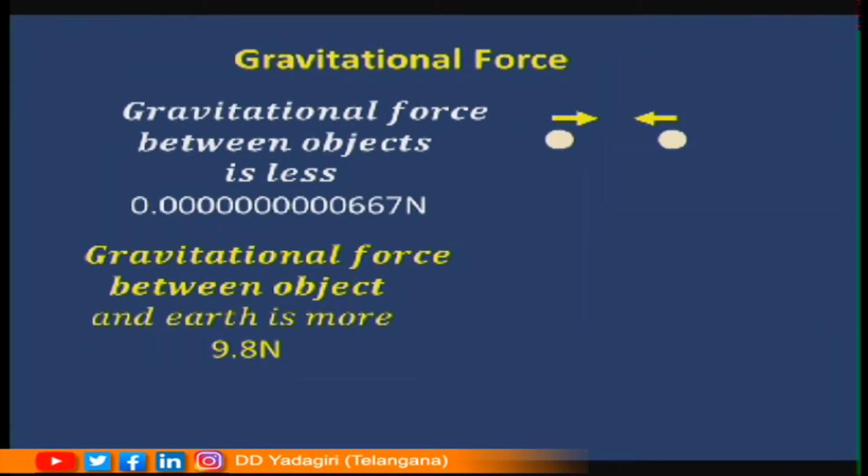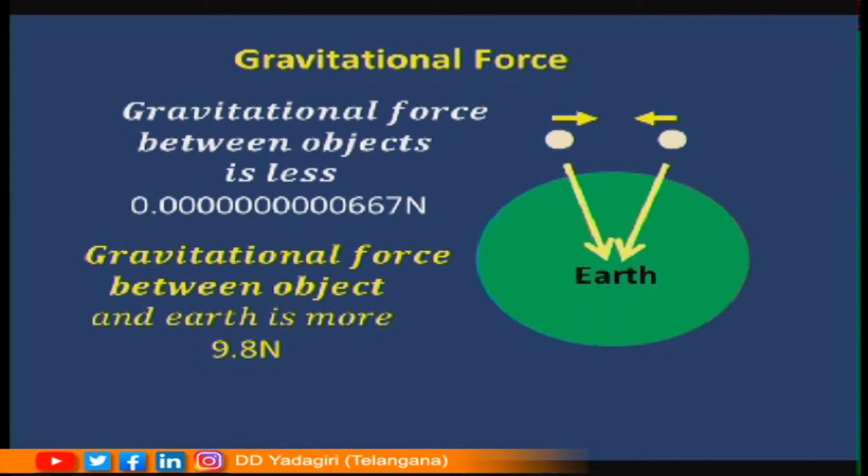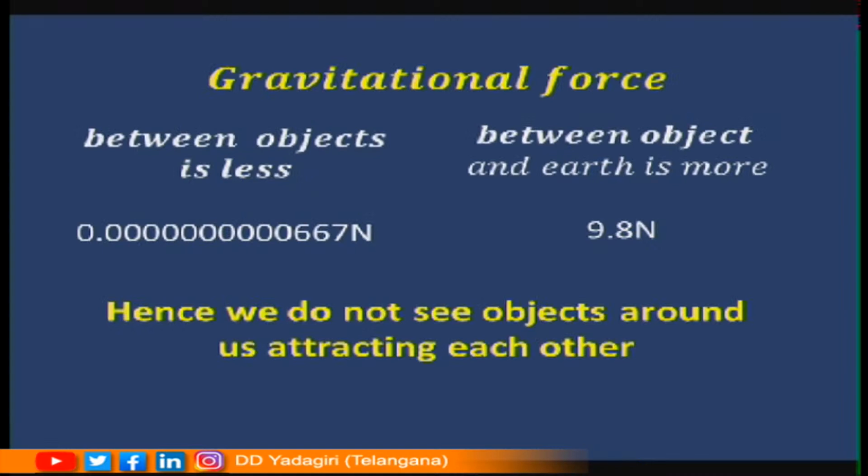So, we have two objects here, the gravitational force between them is very less, that is 0.10 zeros and 667 Newton, whereas the gravitational force between the object and the earth is 9.8 Newton. Because the gravitational force between the object and the earth is more than the gravitational force between the objects, we do not see the objects around us attracting each other.